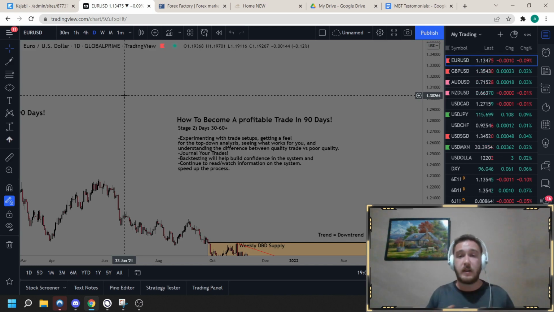So the 30-day to 60-day mark is where you're experimenting, making mistakes, getting a good grasp of the whole methodology, understanding that level two price action theory about why you want to stay away from certain trades versus get into certain trades, okay? And it is very important to journal all your trades, because at the end of the 90 days, I sit down with people one-on-one and say, hey, let's review all your trades and see what's working and what's not working.